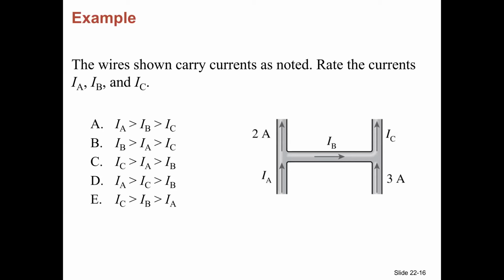So Owen says current B is the difference between A and 2. So B definitely has to be less than A. I agree with that one.